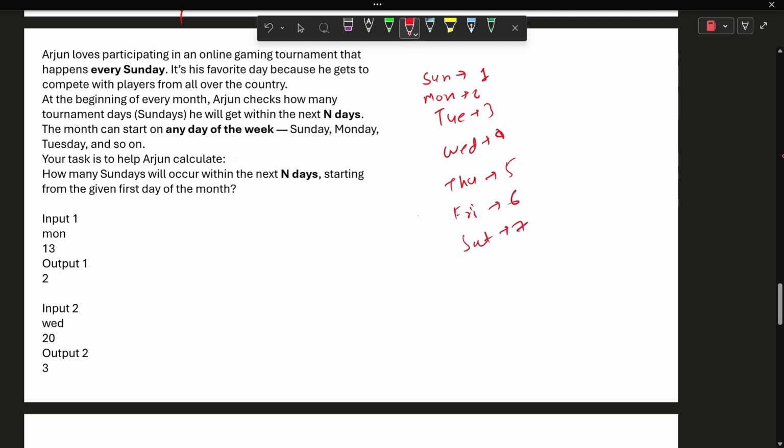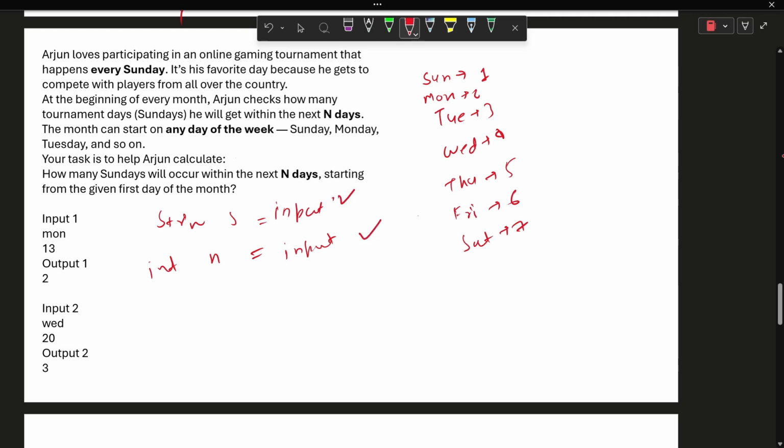Now how can we solve it? First, we have to take a string as an input and an integer value n. We have to take one string and one integer value.